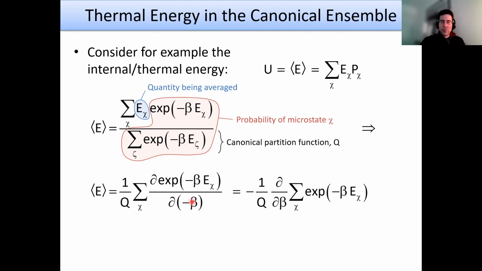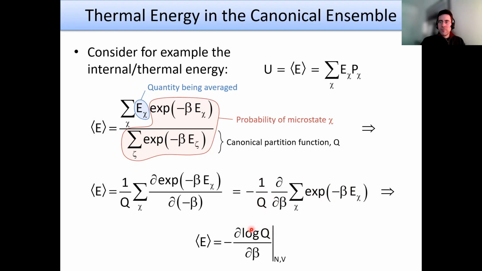I also put this minus sign outside here. And what is this? Do you recognize this term here? The partition function? Exactly. It is the partition function, but then I combine it with 1 over Q, and I get the log.